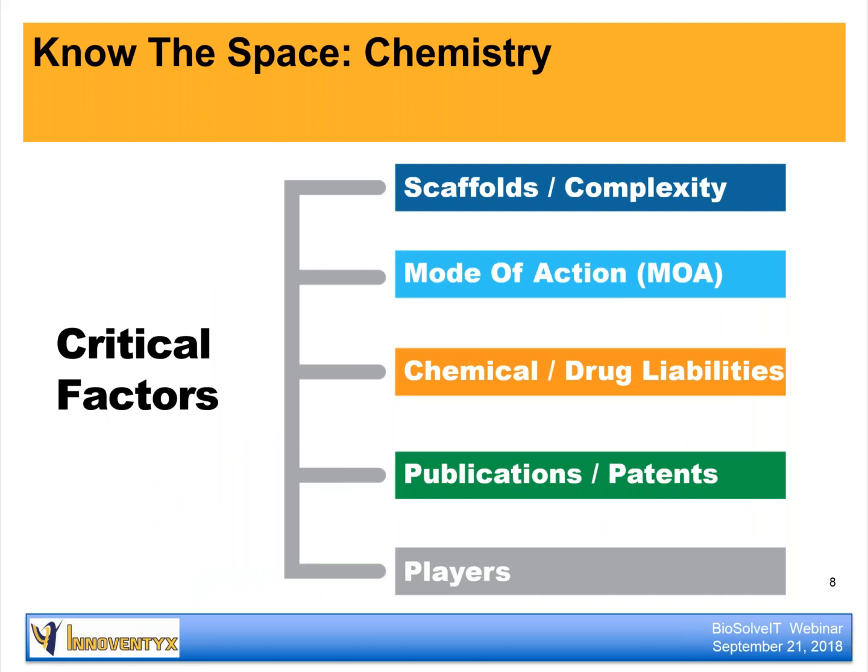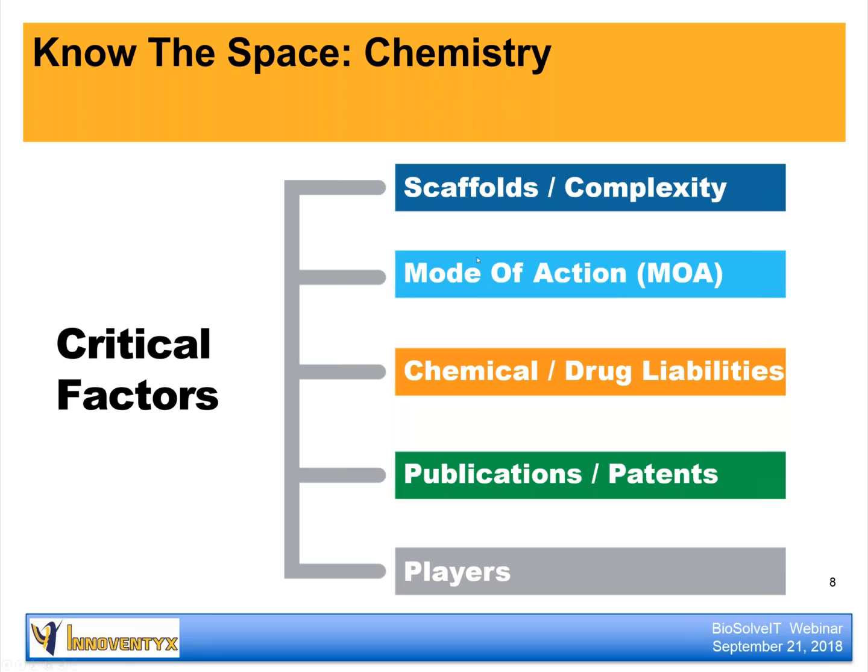Now, on the chemistry side, from a chemistry perspective, if we happen to have a variety of compounds at our disposal, now we need to look into the variety of them. What kind of compounds we're talking about, what kind of scaffolds we have in front of us, and assess their type and complexity. That has implications when we start making decisions as to what to consider and how to prioritize.